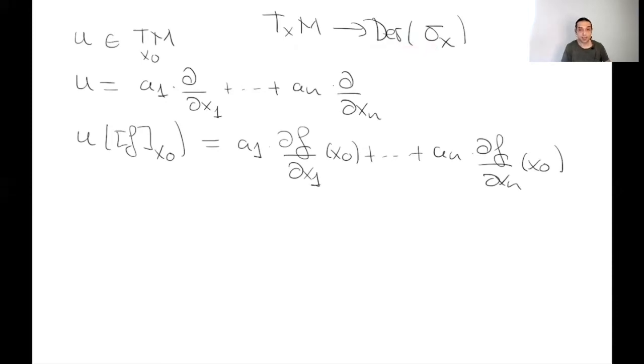Okay, and besides that, it's going to be injective, because if the result of applying u to any function is 0, in particular, the result of applying u to x1 has to be equal to 0, but that's going to be a1. So all these coefficients are 0, so the unique way in which the derivation induced by u is 0 is if our tangent vector is 0. So this map is R-linear and injective.